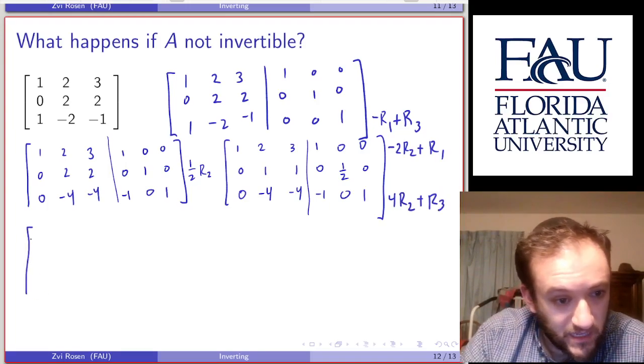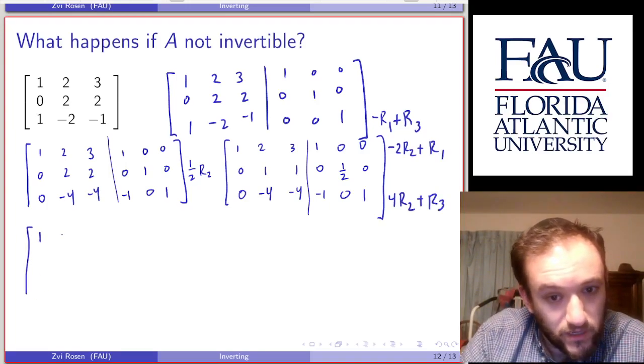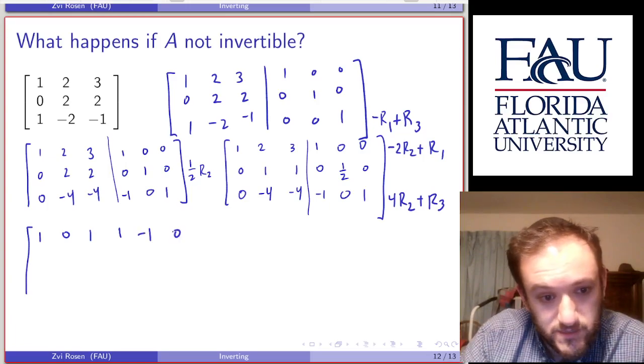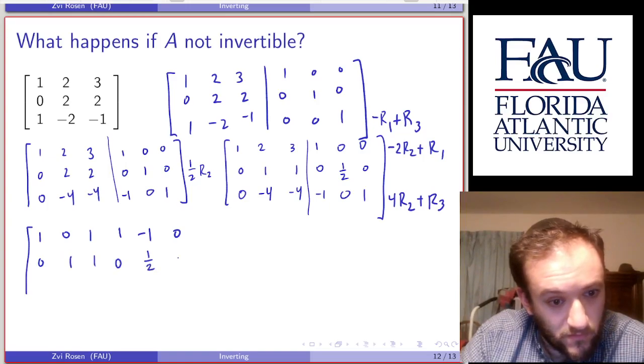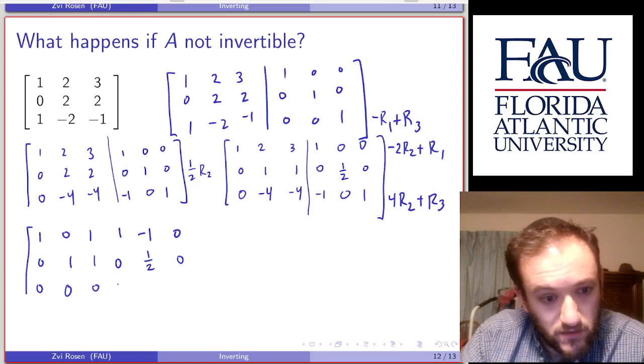And what we obtain is 1, 0, 1, 1, minus 1, 0. This row stays the same. And when we add this row, we get 0, 0, 0, minus 1, 2, 1.